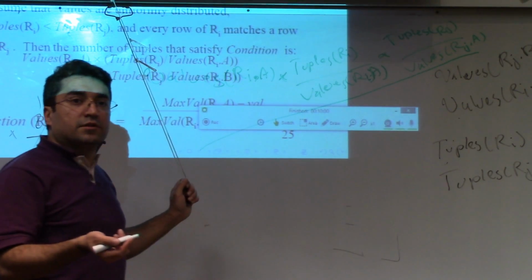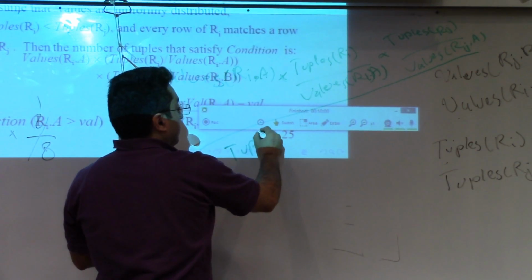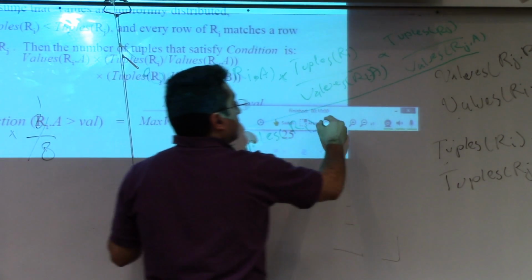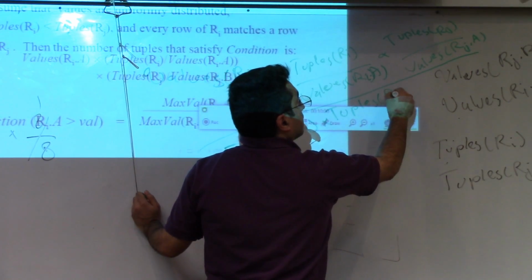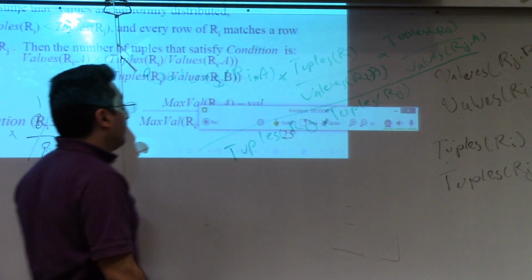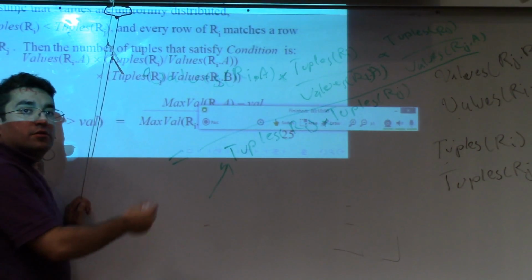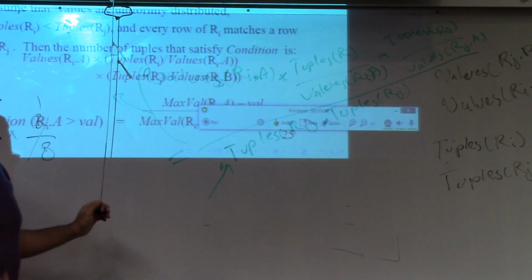Right, 8 times 6 will be 48. So basically it is equal to tuples of Ri, every possibility, right? Multiplied by tuples of Rj. The denominator is the total number, and the numerator is the number of the output.